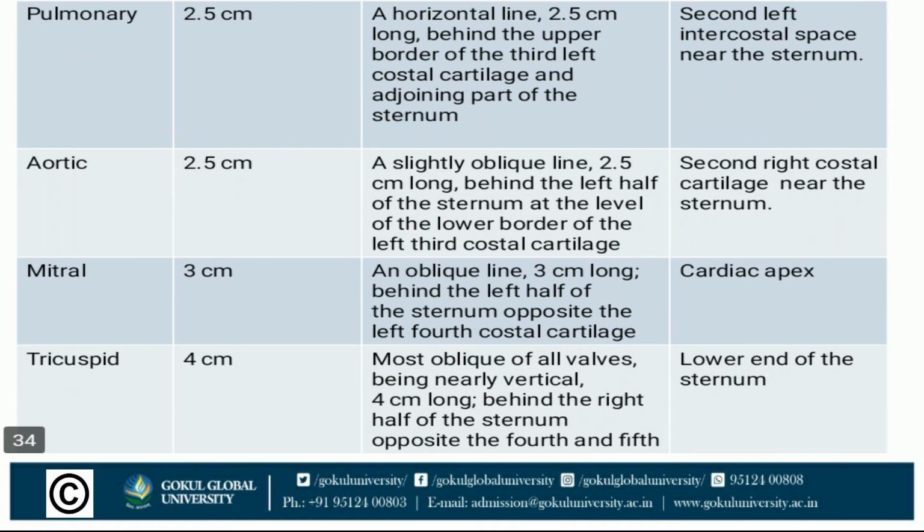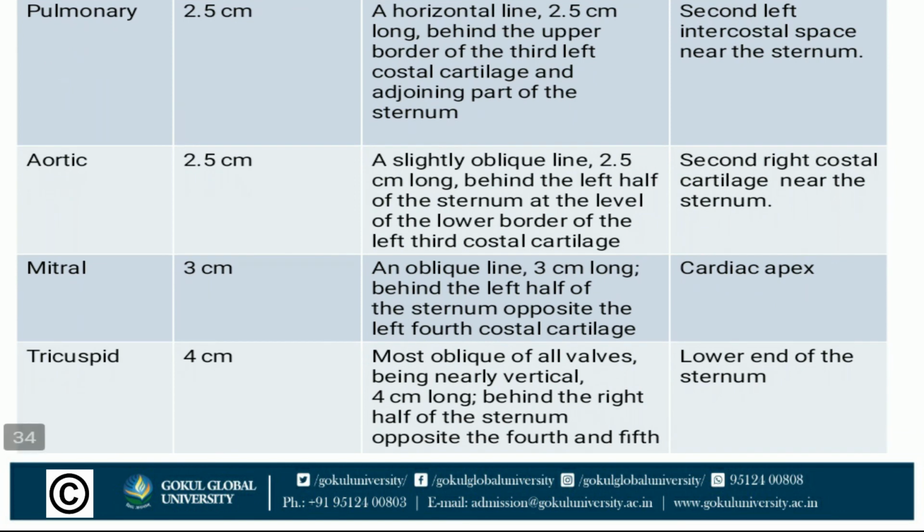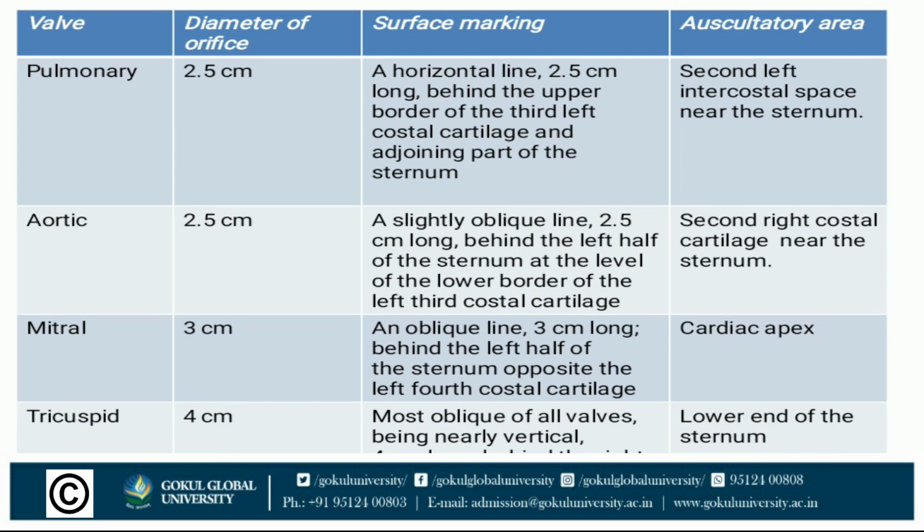Now tricuspid, 4 centimeter diameter of orifice, most oblique of all valves, being nearly vertical, 4 centimeter long behind the right half of the sternum opposite the fourth and fifth spaces. Auscultatory area: lower end of the sternum.